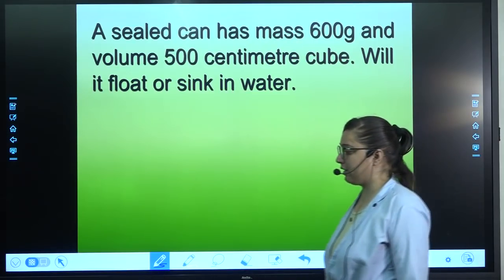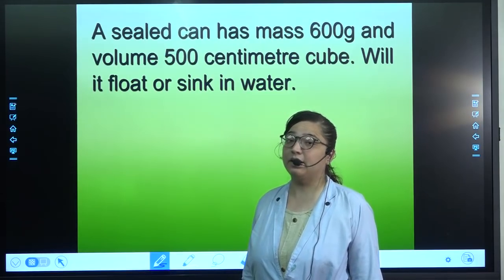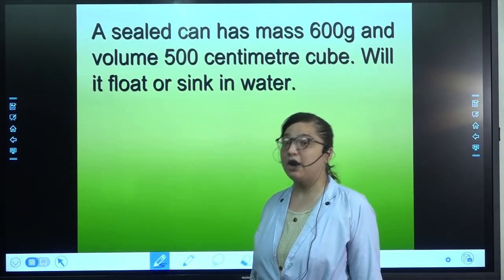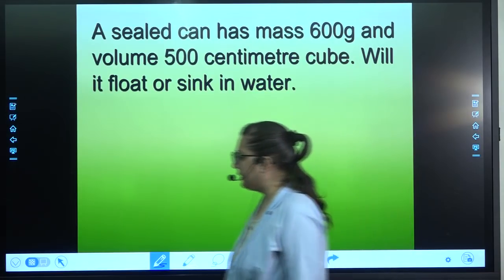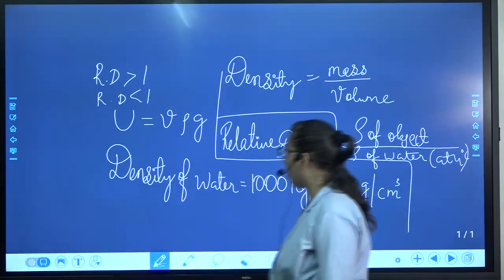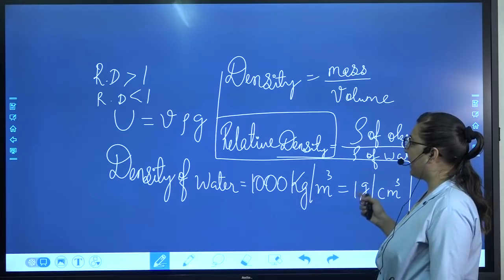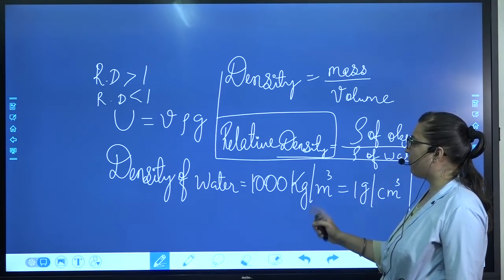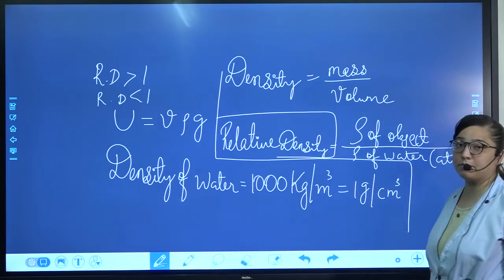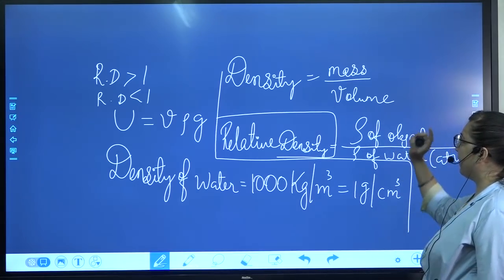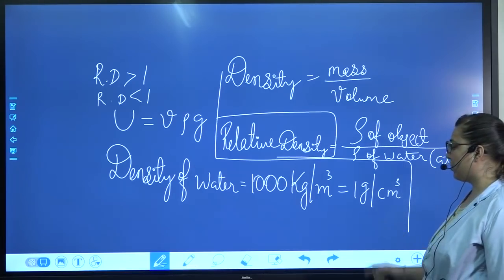For finding out whether it will float or sink, we need to understand the concept of relative density. If it's greater than 1, then it will sink. Less than 1, then it will float. Then in the beginning we saw these formulas of buoyant force as V rho g. Density of the water is fixed, 1000 kilogram per meter cube or 1 gram per centimeter cube. Density as mass upon volume and relative density as density of the object upon density of water.